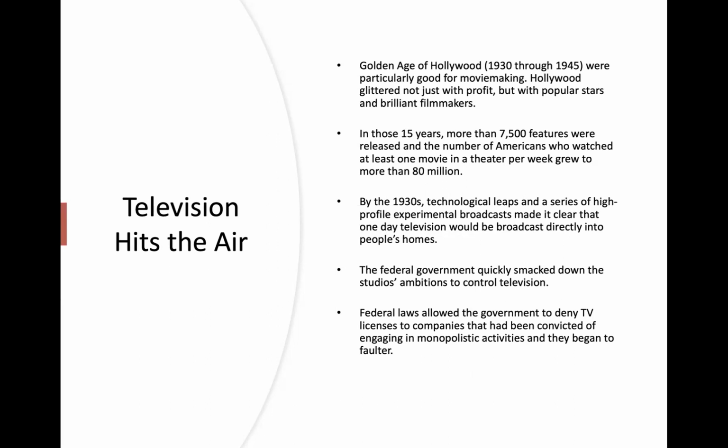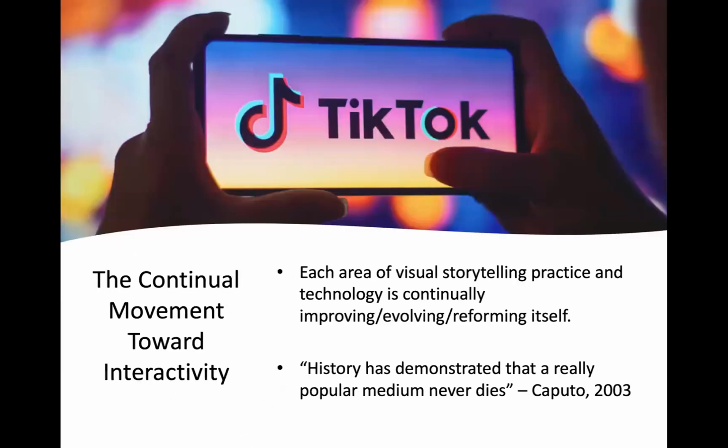From the 1930s to the 1950s, we made some really experimental leaps with broadcast, and we could go directly into people's homes. We had a lot of back and forth about that with the government. A lot of federal laws were put into place so that licenses with cable and televisions and different things couldn't become outrageous to people. And some of those laws are still in tact today.